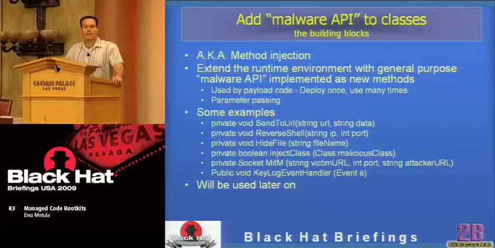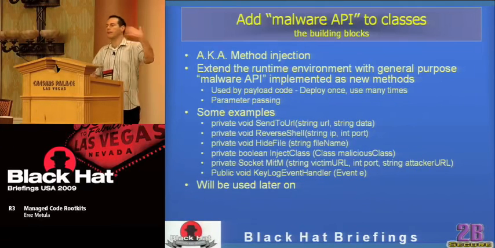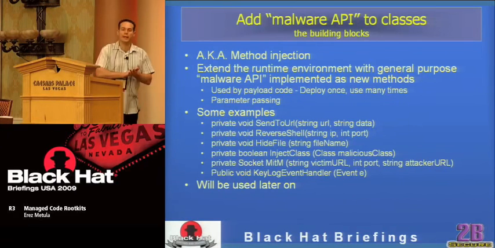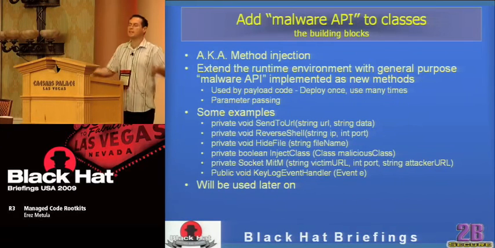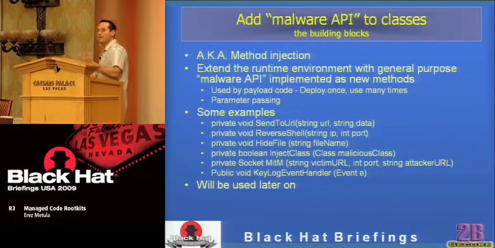Well, let's move on. When we are talking about malware development, there are things that we'd like to do to make life easier. For example, a specific behavior that I want to do over and over again. So I can just extend the language. Let's extend the .NET language. Let's extend, just not .NET, sorry, let's extend the virtual machine.